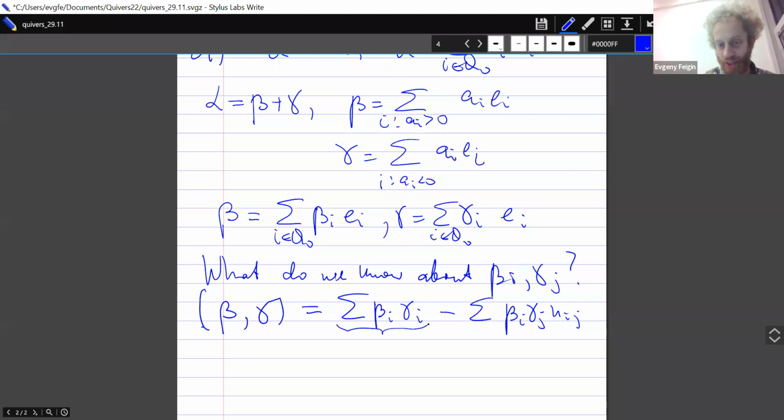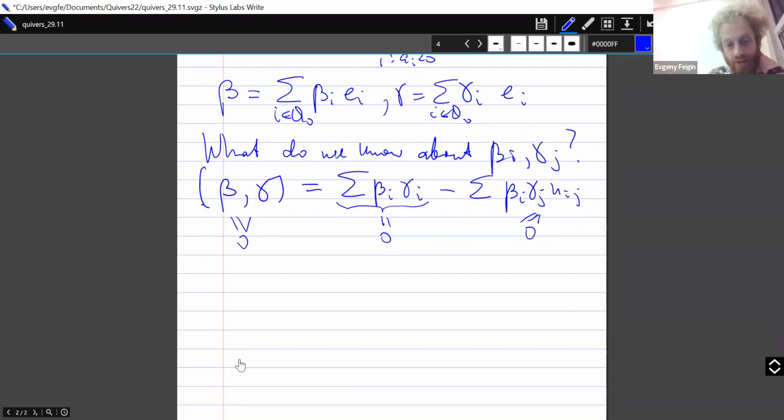Yes, because beta_i can be non-zero only if the corresponding a_i is positive, and in that case gamma_i is 0. So this is just 0. And as Andrei said, this is always less than or equal to 0, right? So actually, we conclude that this is greater than or equal to 0, right?